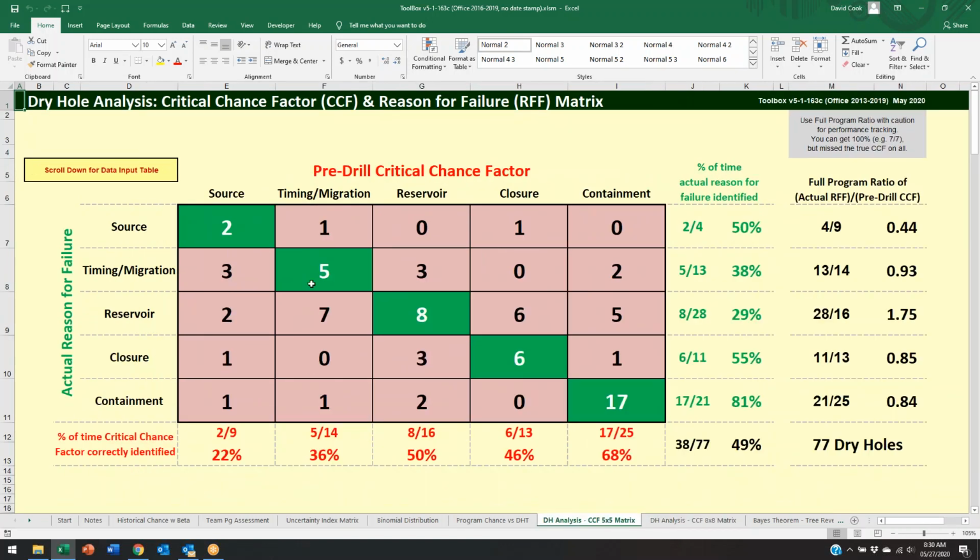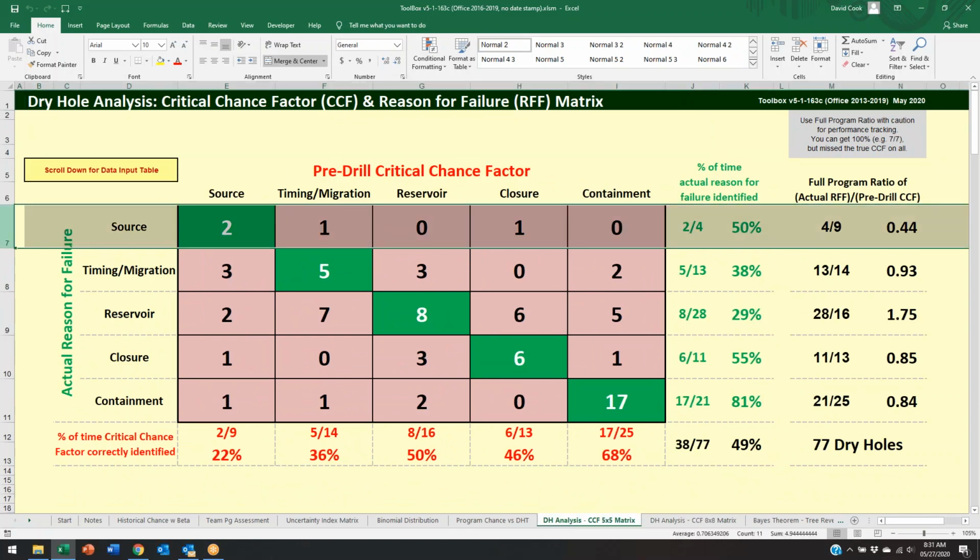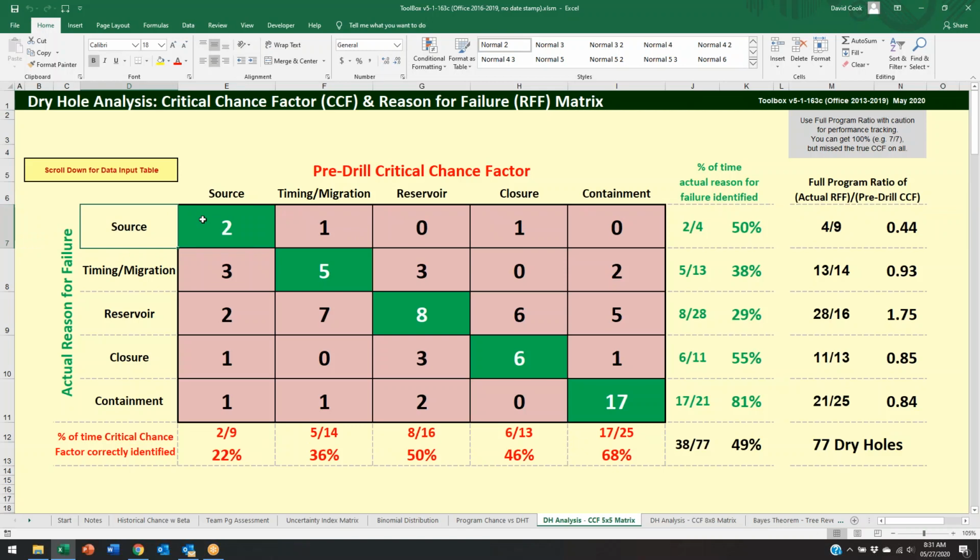The way this matrix works is you focus on a row. If you are able to identify, in a population of dry holes, the reason for failure, in total in the matrix I've got 77 dry holes that have been identified. Of those, 4 had source as the actual reason for failure.